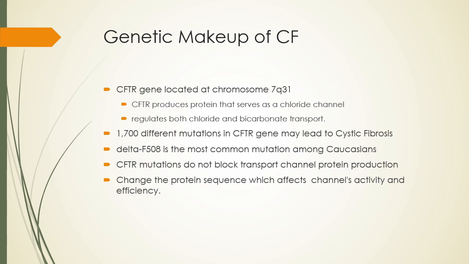So, the genetic makeup of cystic fibrosis is an inherited gene mutation in both alleles. If it's only one allele, of course, the person will be a carrier. The actual gene is called the CFTR gene, and it's located on chromosome 7.